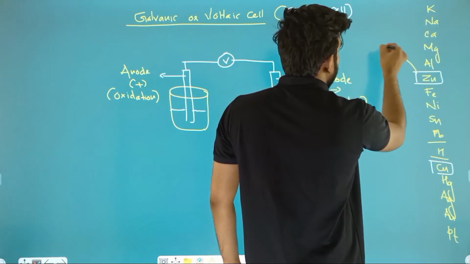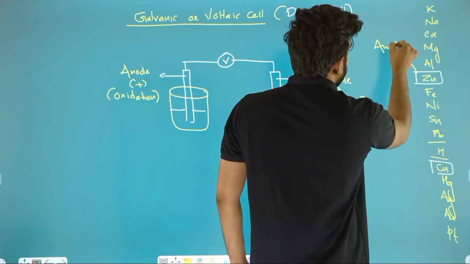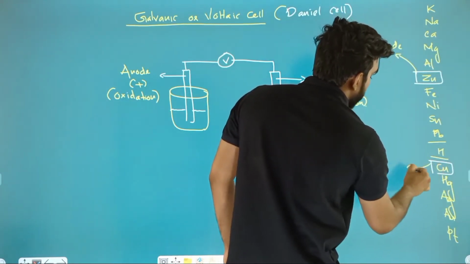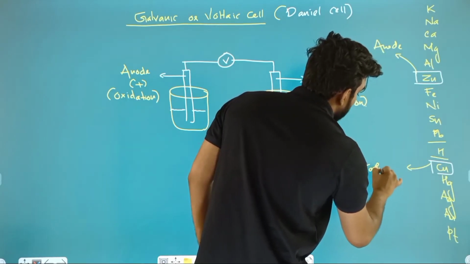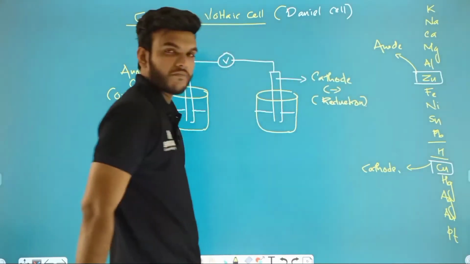So zinc will act as an anode and undergo oxidation, and copper will act as a cathode and undergo reduction.